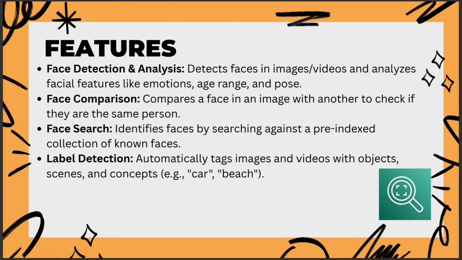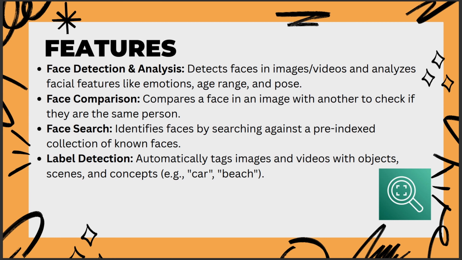All right, so let's look at some of the features of Amazon Rekognition. First of all, it has face detection and analysis. It can detect facial features like your emotions, your age, or even what poses you are making. Then it has face comparison, so you can compare your face or an image that you upload with another face and detect if it's the same person or not.